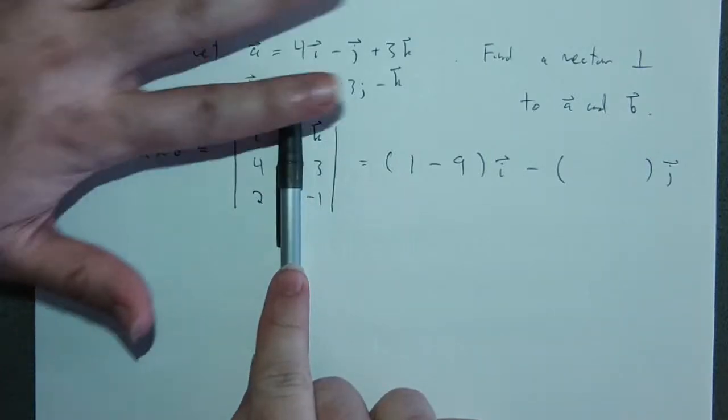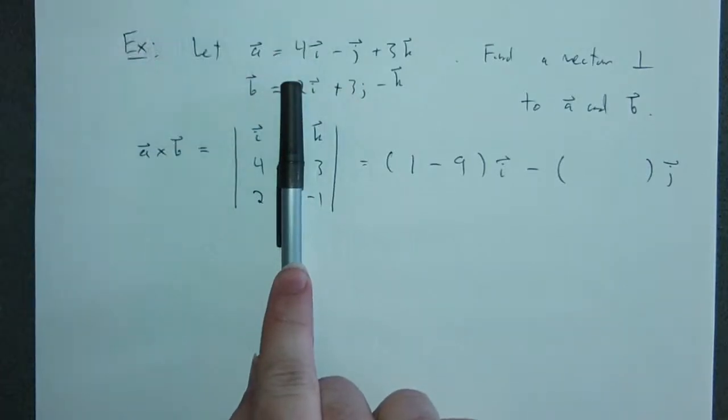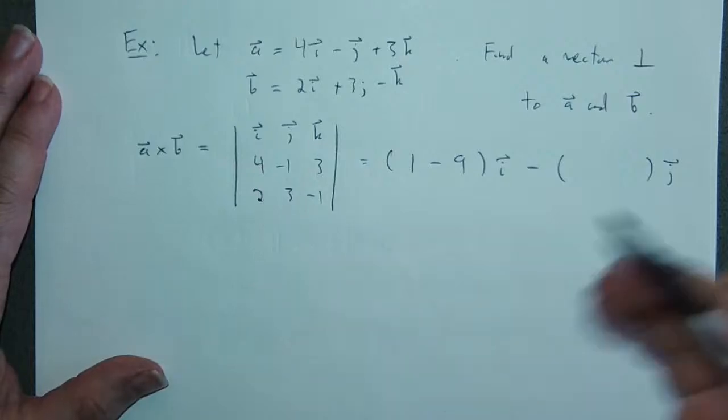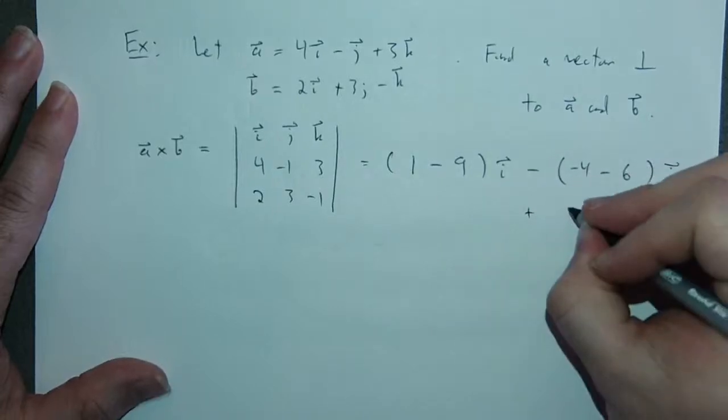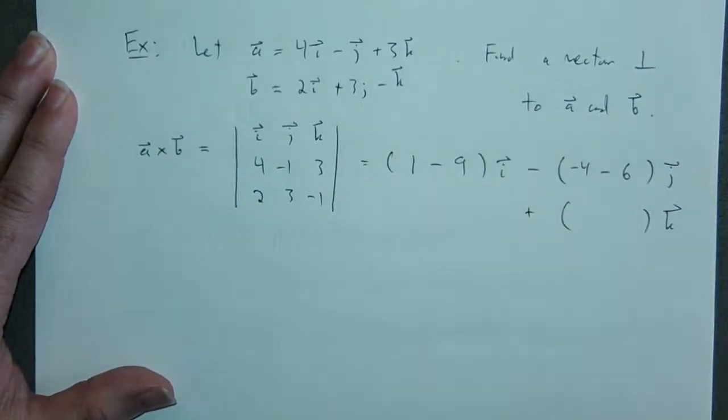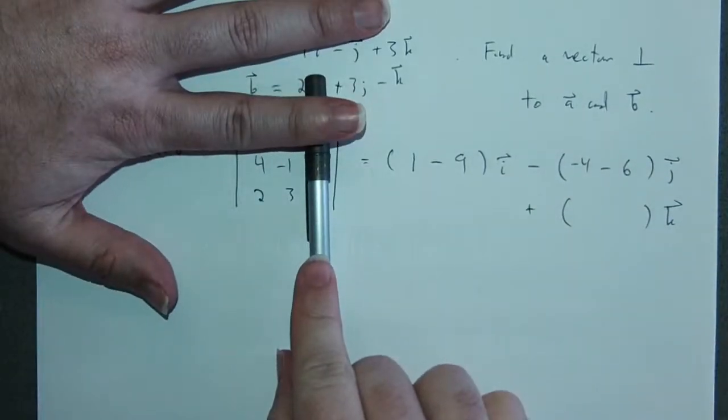So this is 4 times minus 1, so it's minus 4, minus 3 times 2, so minus 6j, plus something times k, and there we go.